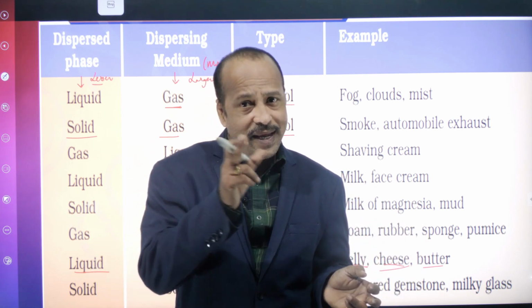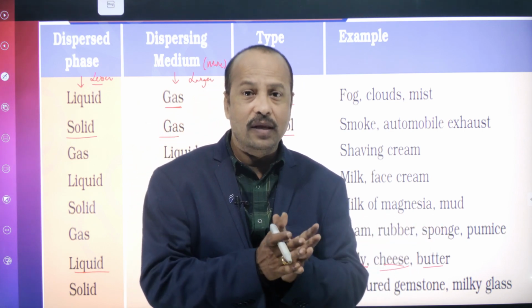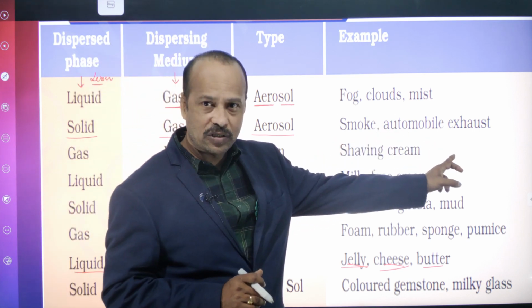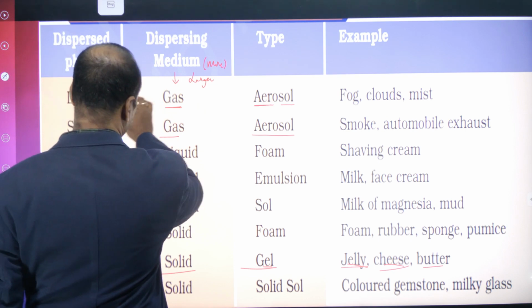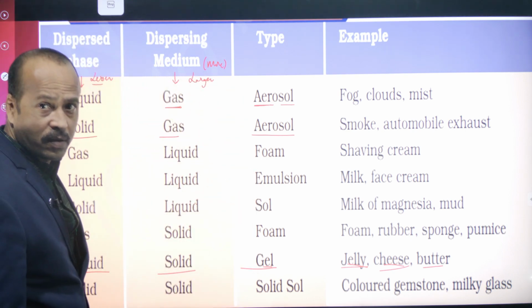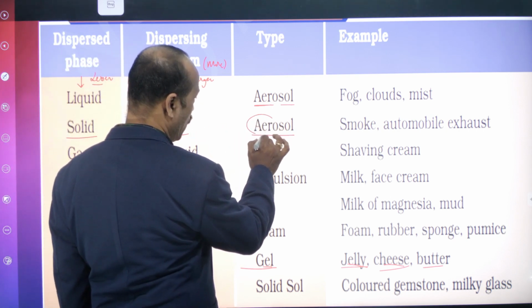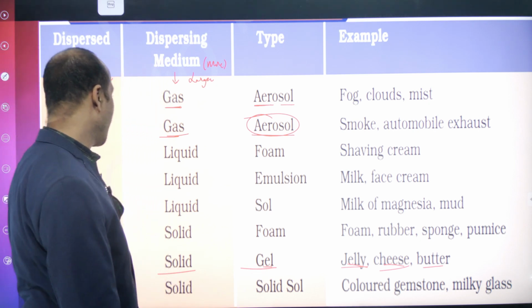So solid in lesser quantity, gas in more quantity, makes the smoke or automobile exhaust. So here solid is the phase and gas is the dispersion medium, and that is called aerosol.